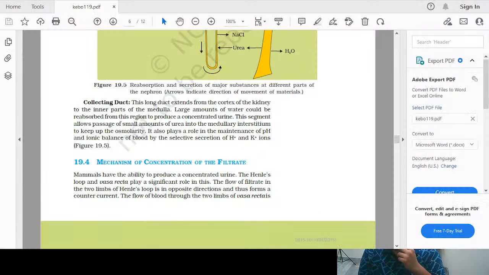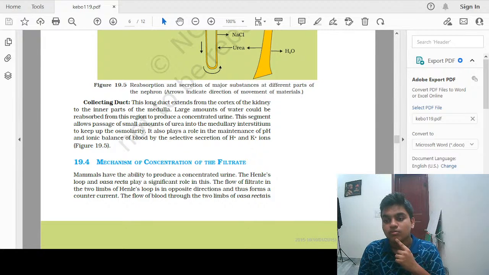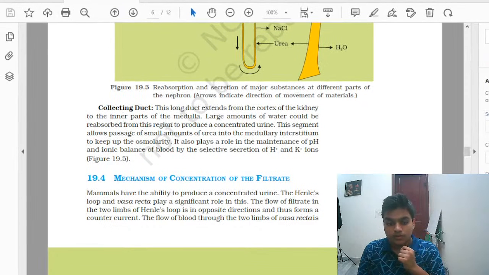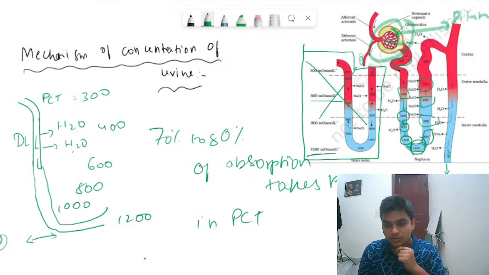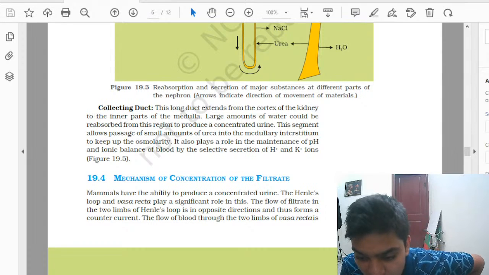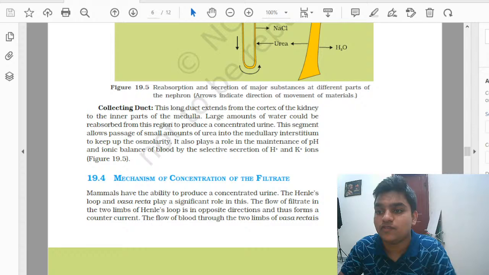I am opening the NCERT here, and we will be going through this line by line. Hope NCERT is visible to you all.